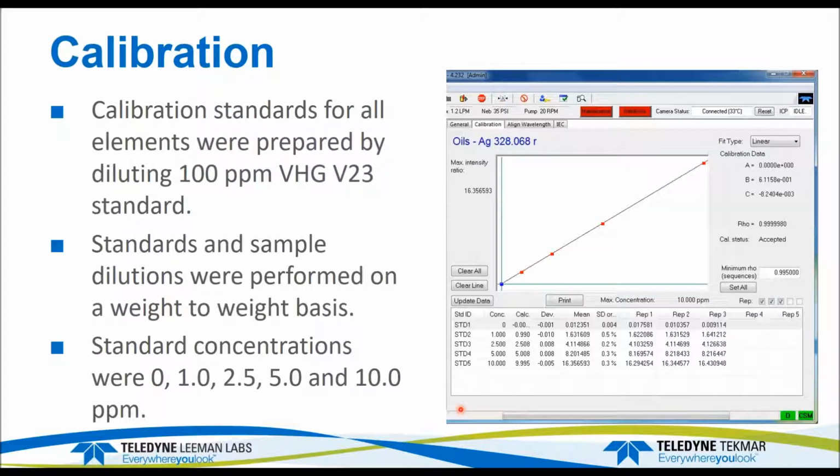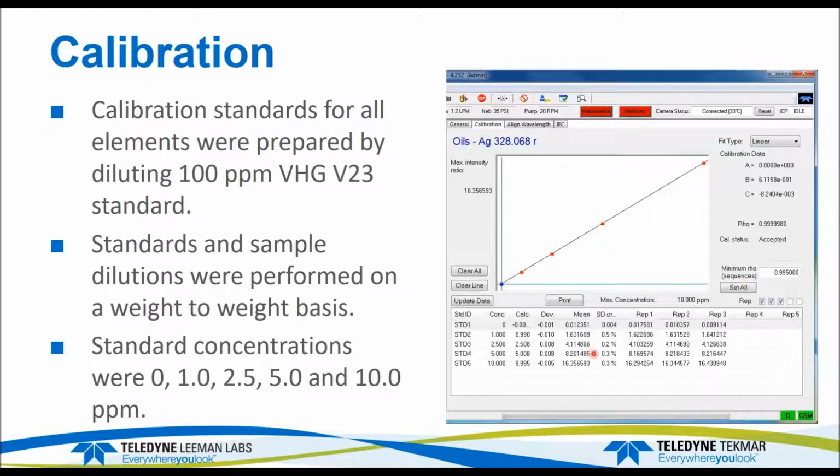Calibration. So we diluted organometallic standards from VHG or LGC V23 by 100 ppm. This was all done on a weight-to-weight basis, done with the scale, with concentrations from 0 to 10 ppm. This just gives an idea of the linearity, so easily linear.